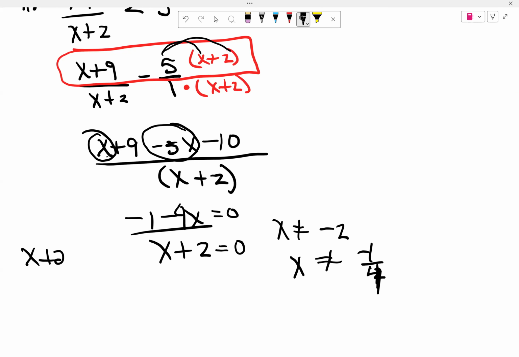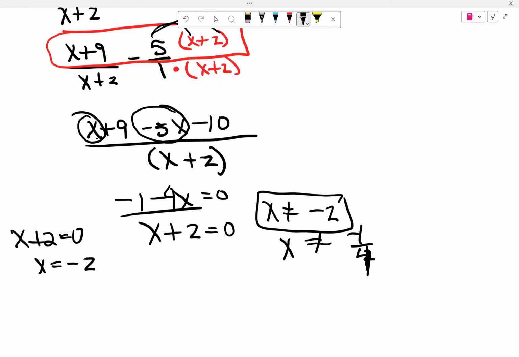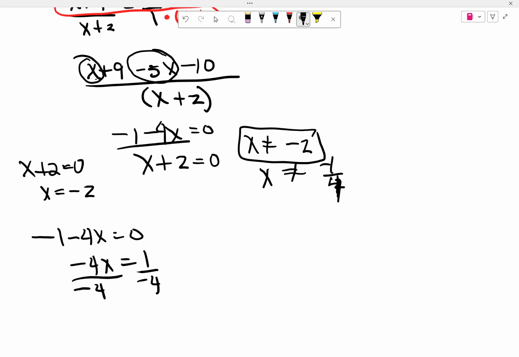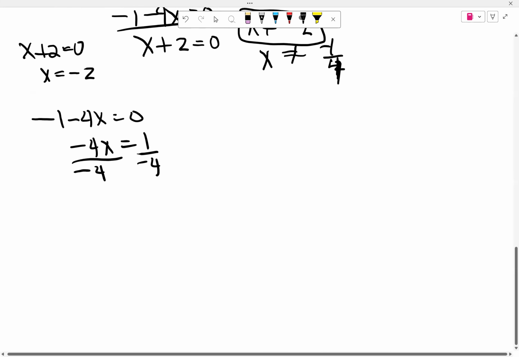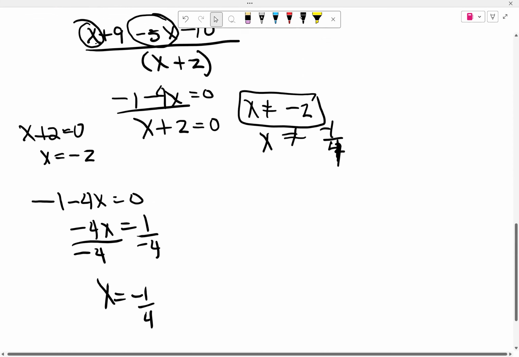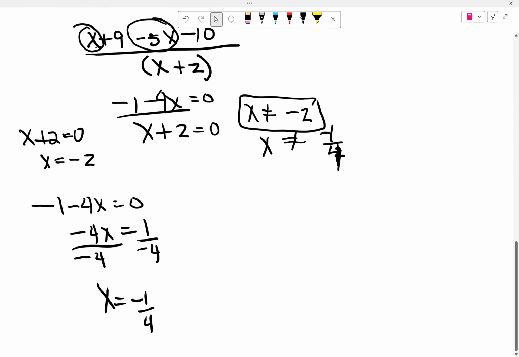Obviously, x plus 2 equal to 0 means that x is equal to -2. And on the other side, you have -1 minus 4x equal to 0, which means I'm going to add the 1. So you have -4x equals +1, and you're going to divide by -4. So therefore, x equals -1/4. And that's what x cannot equal, because that is what x equals when it's 0.